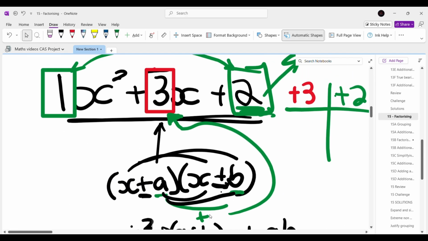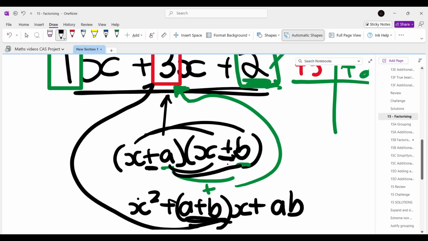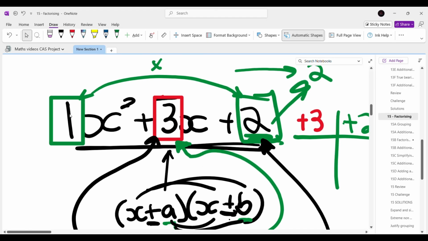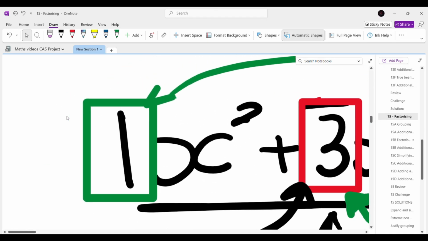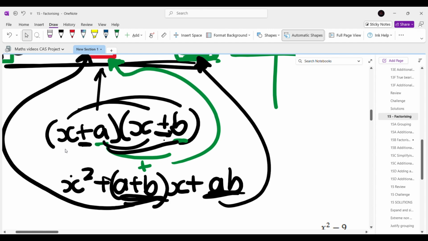And now look at what these values correspond to. This a plus b corresponds to the 3 in this equation, and this a times b corresponds to the 2 in this equation. This gets different when we change the coefficient, but for now, when we just have the x squared value, this is what each of these means.